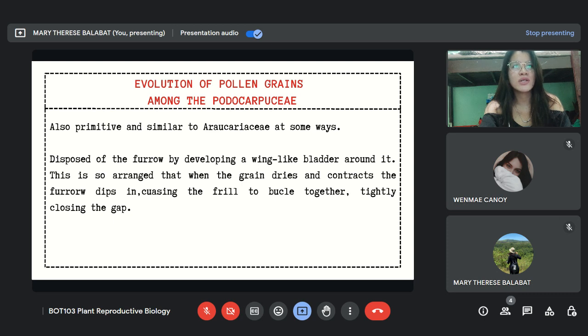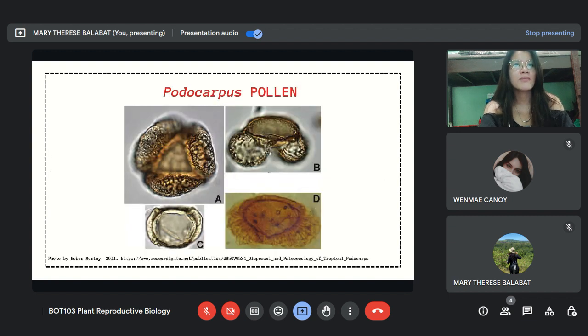Then it was a large grain, however about 100 microns in diameter, so that some floating device was necessary to enable it to reach its goal. So the example for this is this Podocarpus pollen.